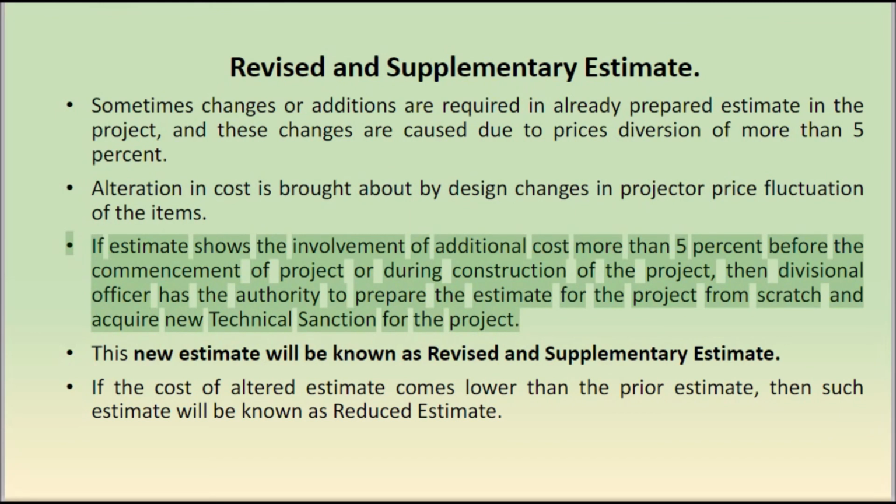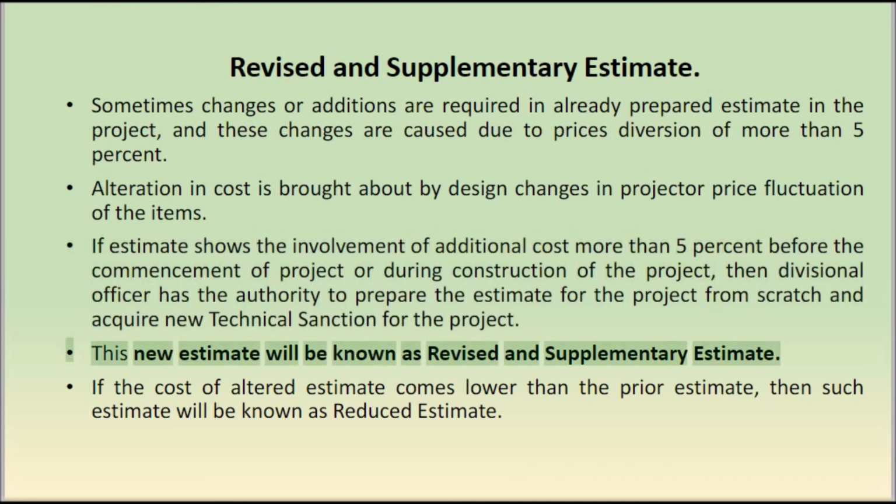If the estimate shows the involvement of additional cost of more than 5% before the commencement of the project or during construction, then the divisional officer has the authority to prepare the estimate for the project from scratch and acquire new technical sanction for the project. This new estimate will be known as a revised and supplementary estimate. If the cost of the altered estimate comes lower than the prior estimate, then such an estimate will be known as a reduced estimate.